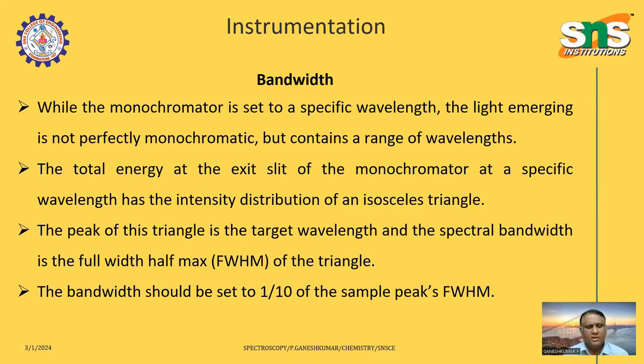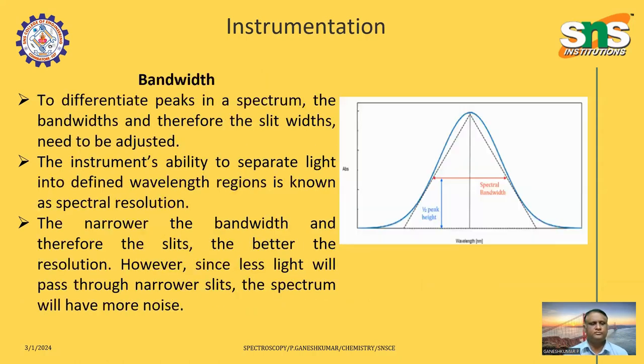We call it the FWHM of the triangle. The bandwidth should be set to 1/10 of the sample peak's FWHM. To differentiate peaks in the spectrum, the bandwidth and the slit width need to be adjusted.